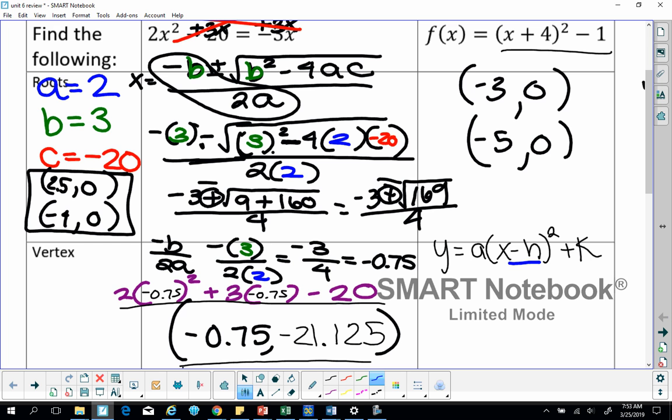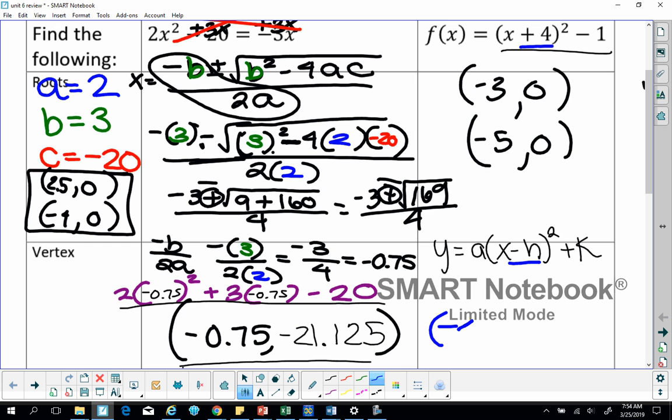What could you also do with that equation if you totally forgot about that? What could you do on your calculator? Put it into table, right, and find the bump where it's sandwiched. But I could also look at it and be like, hey, I know the x coordinate is the opposite of h. So what's the opposite of 4?